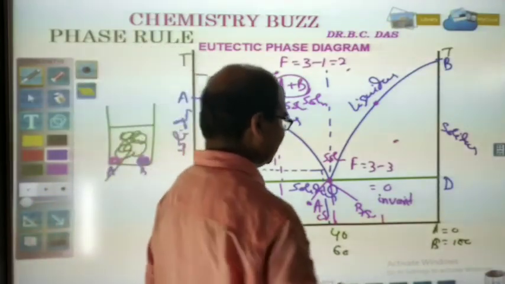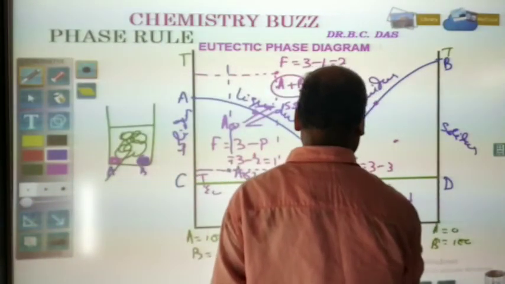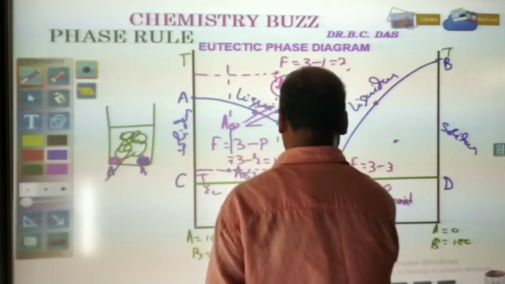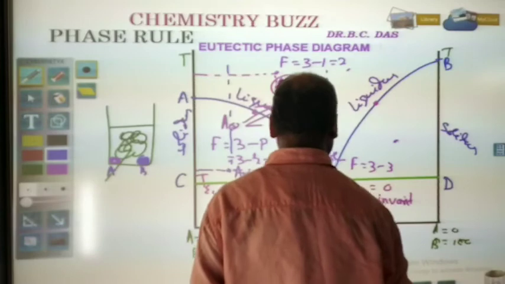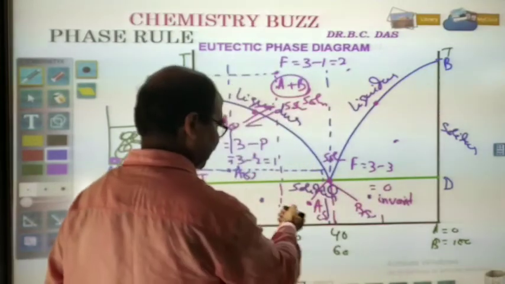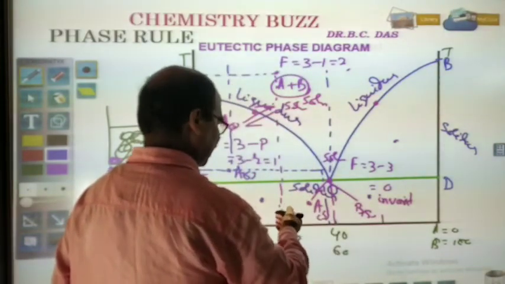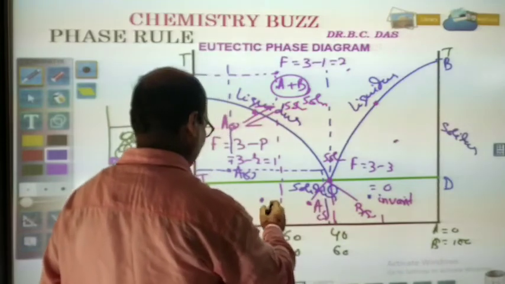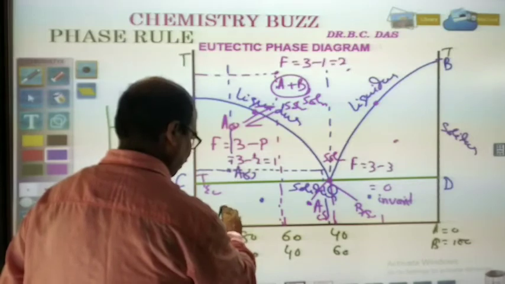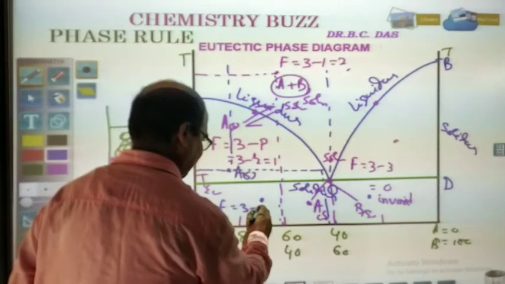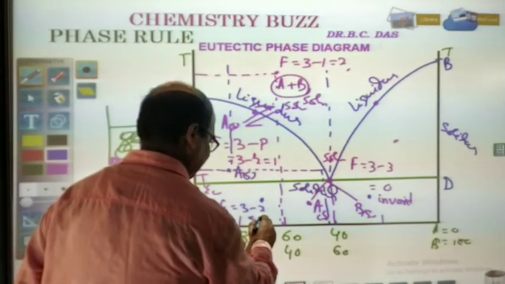Similarly you can take any point here, or here. There are two solids A and B. When two phases are there, the degree of freedom will be 1. So F is equal to 3 minus 2, that is 1.